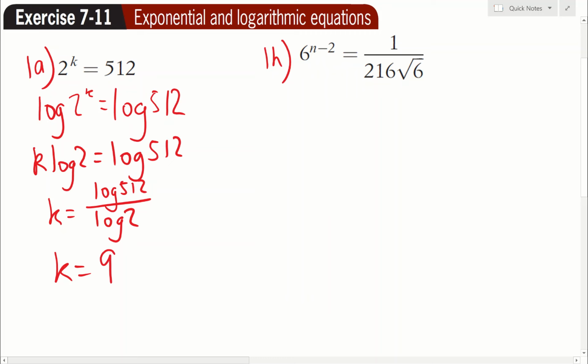But if we look over to the right side, it's going to be very difficult to guess and check the number for n to find 6 to the power of something equals 1 over 216 root 6. So we're going to have to use this log method.